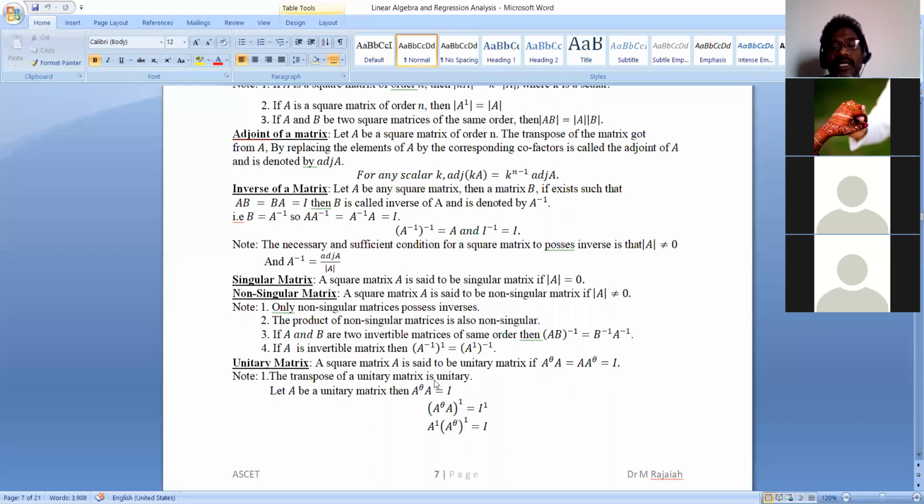The transpose of a unitary matrix is again a unitary matrix.